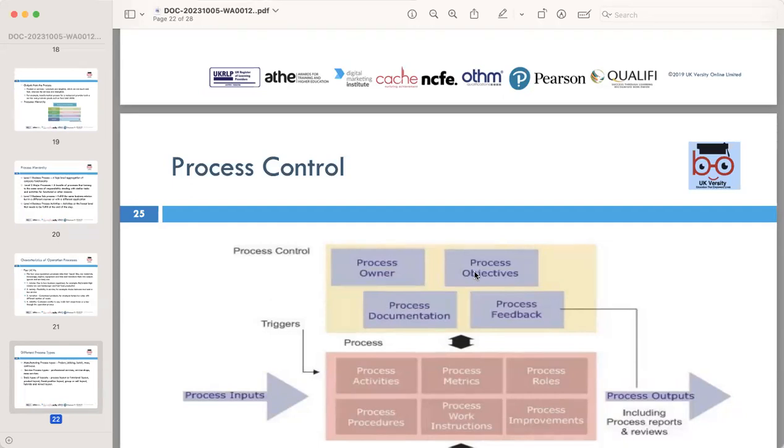Process objectives are the clear and measurable goals that a process aims to achieve. They provide direction and purpose for the process. Then finally, process feedback involves gathering information and data about the process performance. This feedback helps identify areas for improvement and informs decision making.